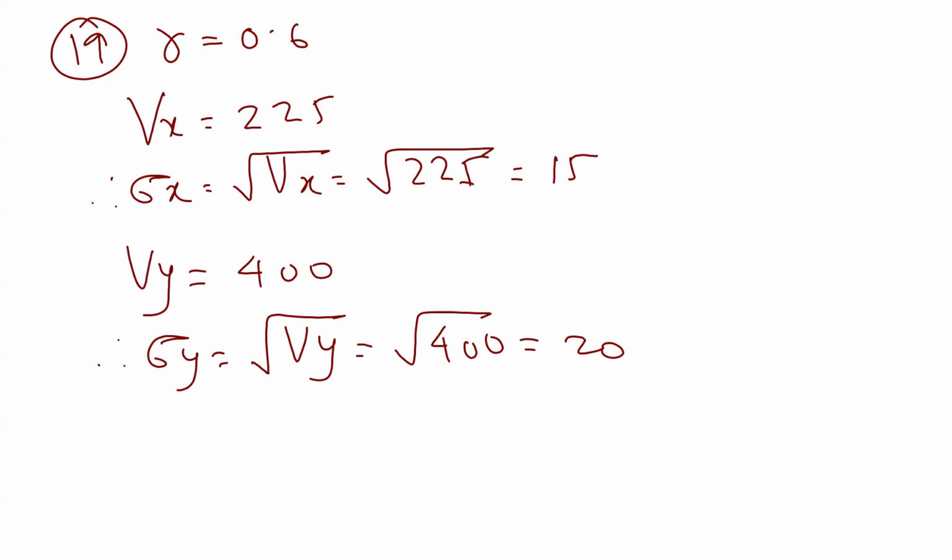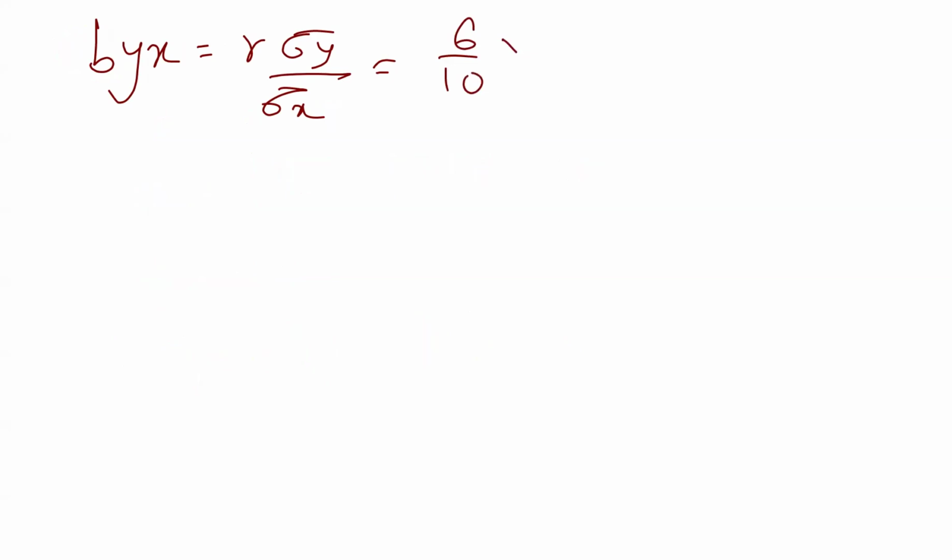Okay. Now they are asking for both the regression lines. So before calculation of regression lines, I'll just calculate byx and bxy, the regression coefficients. So byx is r sigma y upon sigma x. So r is 0.6, which is 6 upon 10, standard deviation of y is 20, and standard deviation of x is 15. If you solve this, you'll get byx as 0.8, which is 8 upon 10, 4 by 5.